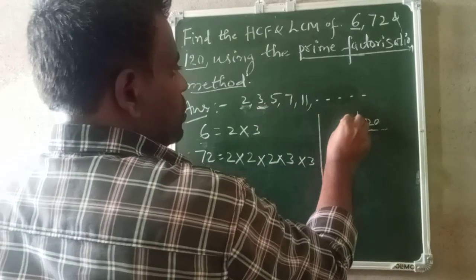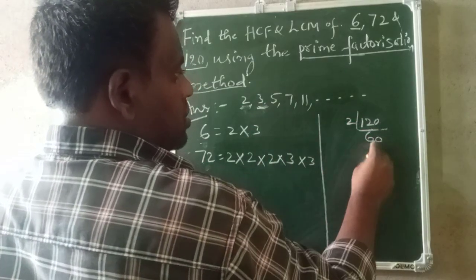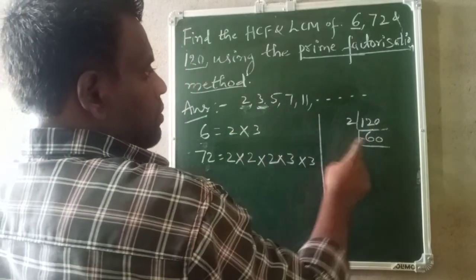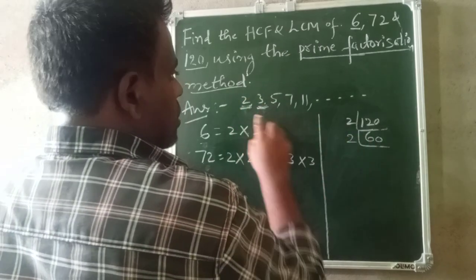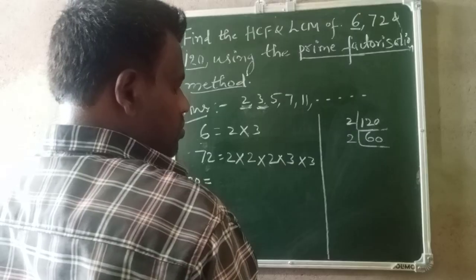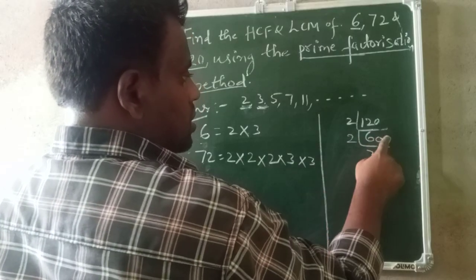So I will write this 2 here. Now 2 sixties are 120. Again for this 60, put it like this. Next, see, this 2 can divide this 60 completely. So I will take this 2 here, and again this 2 here. Now 2 thirties are 60.